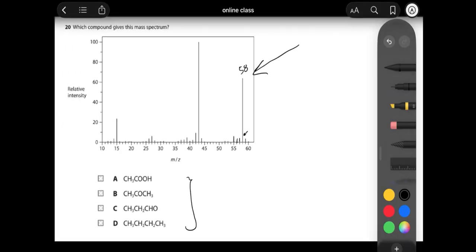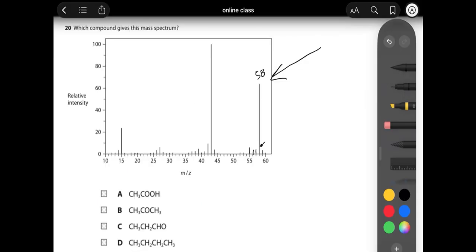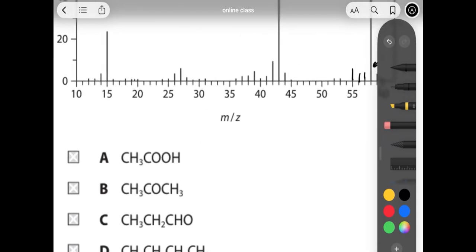So the first thing that you have to look at here is which of these compounds has a molar mass of 58. If we calculate the molar mass for the first compound, we have 12 plus 3 plus 12 plus 16 plus 16 plus 1, which equals 60. Okay, so we ignore the first answer.